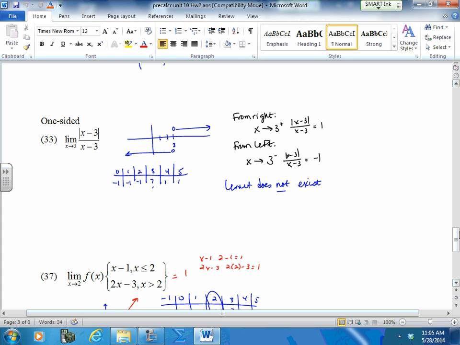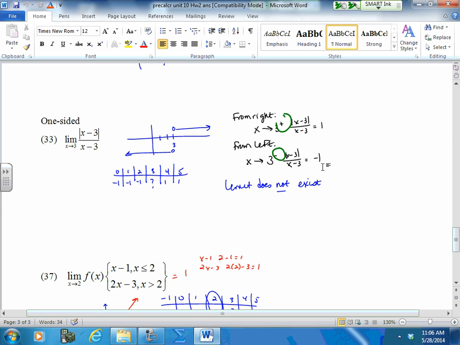From the left and from the right, if you notice this 3 plus, this comes from the right. From the right as it approaches 3, from the left as it approaches 3. And they converge at different points. They don't converge, actually. This one approaches 1. This one approaches negative 1. We use a plus sign to say from the right because it's coming from the positives.